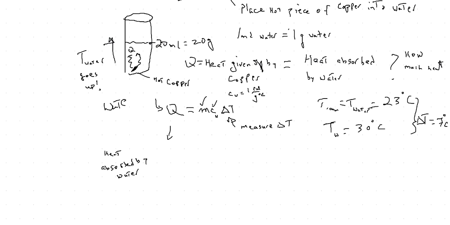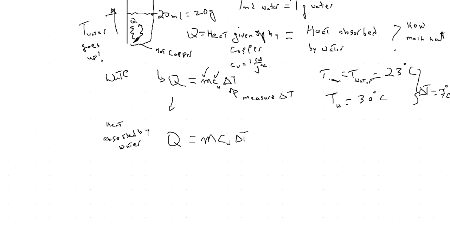So Q is equal to M C of the water times delta T. So if we put in our numbers that we just made up, this is equal to M, we said was 20 grams, times the specific heat of water, which we said was 1 calorie per gram per degree C. And now we said delta T was 7 degrees, right?